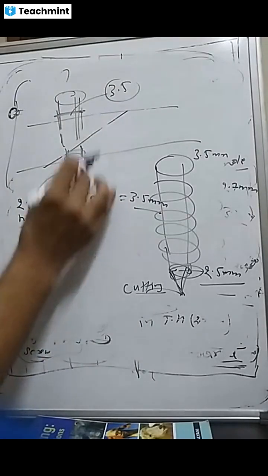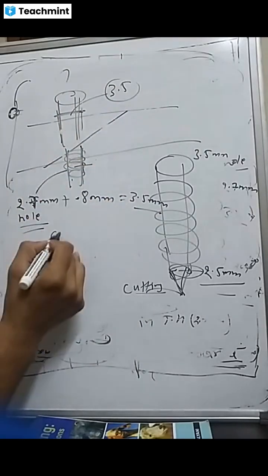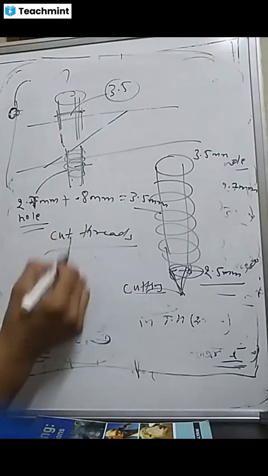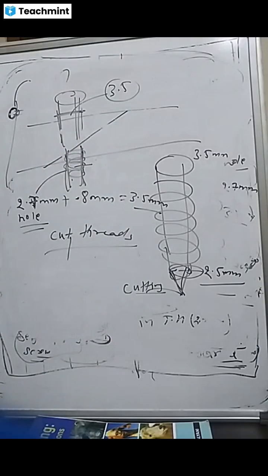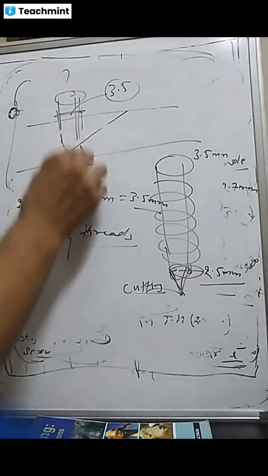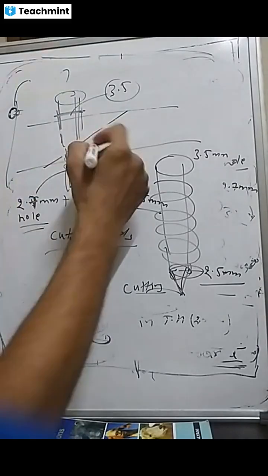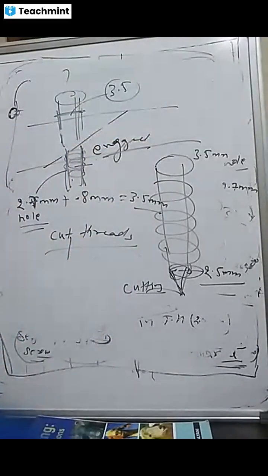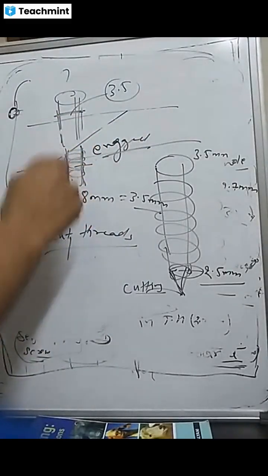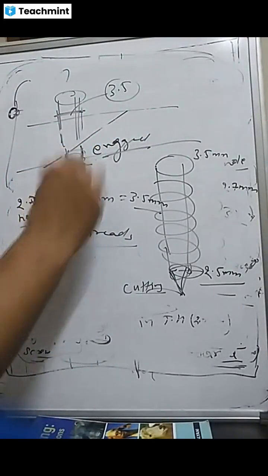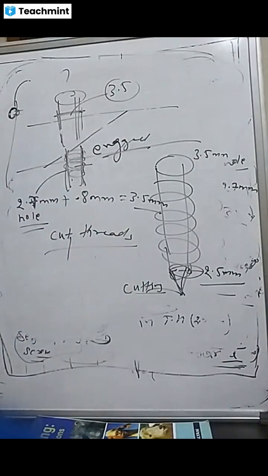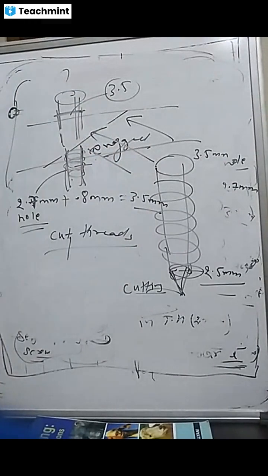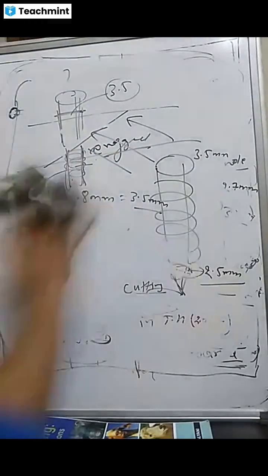So how does it engage, how does it fix here? It will cut and sit in this. When it cuts, the threads engage here, and then tightening the screw, it keeps on cutting the threads and it will engage, leading to compression of the distal part.